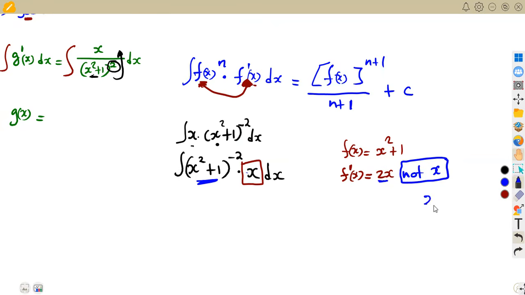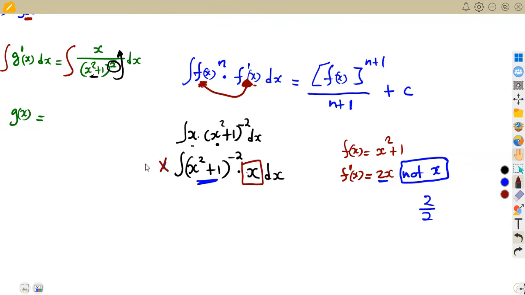But the moment we multiply by 2 like this, we have changed our question. So for this question not to change, we are going to multiply by 2 over 2, because 2 over 2 is the same as 1. So we haven't changed our question. If I multiply this by 1, I haven't changed anything because it is going to remain as it is.